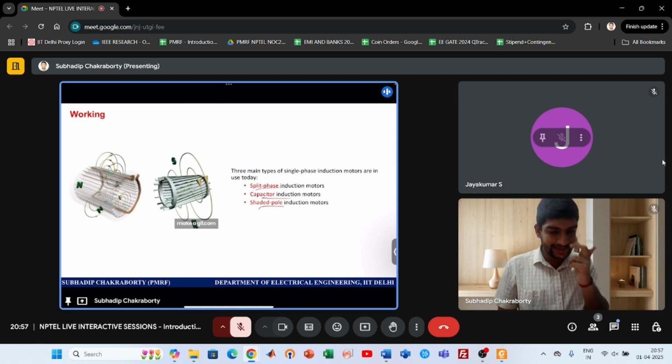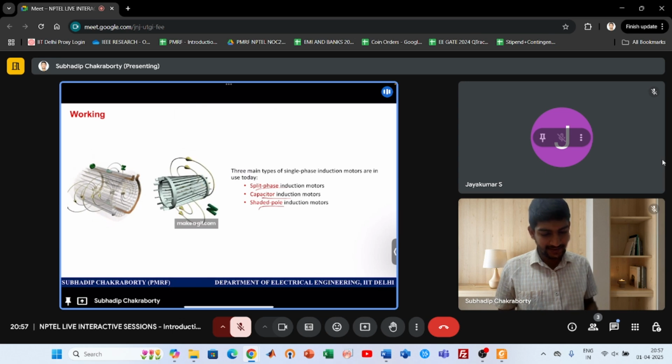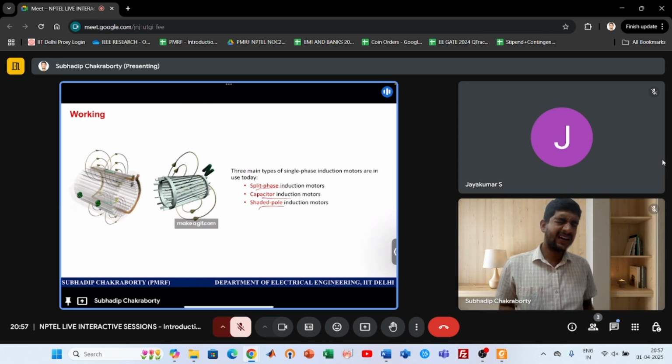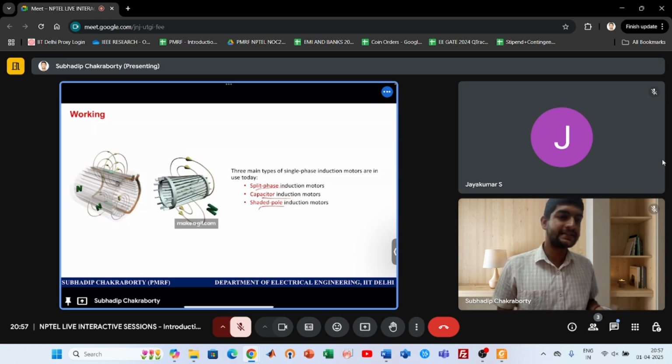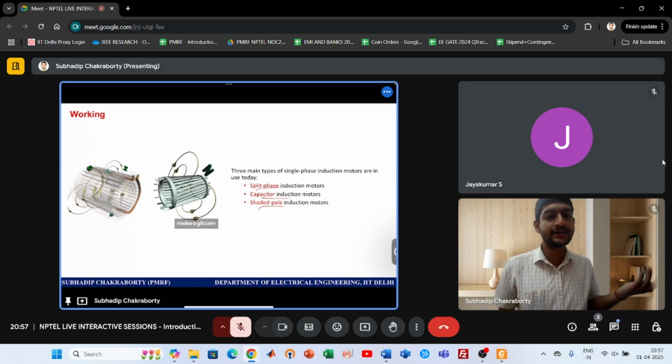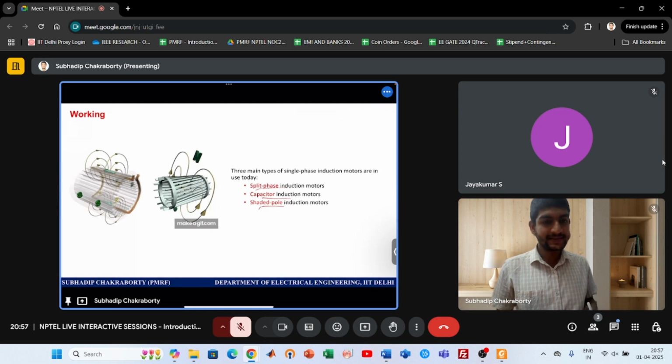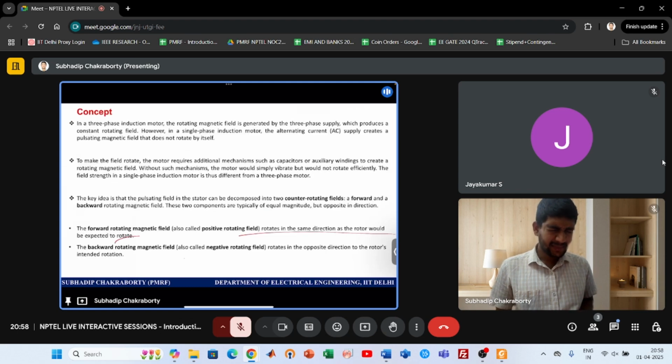So a pulsating field, if you break into forward and reverse, their strengths are equal, and for that reason they don't produce any net starting torque. Net starting torque becomes 0. That is undesirable, right? The two field revolving theory, you can break, but at starting you don't get any torque.